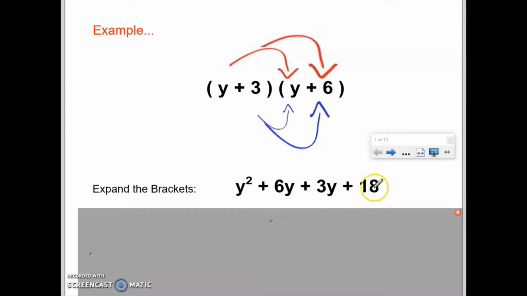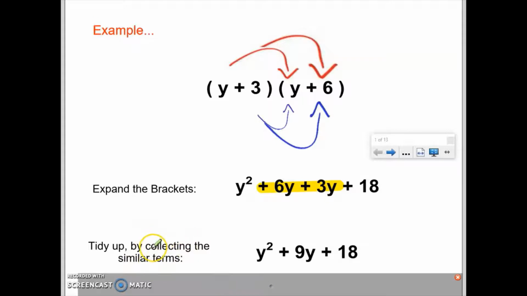I just need to take this a step further though, because we know in algebra we can always collect like terms. And if we look at the 2 middle terms here, we've got a 6y and a 3y. Because those terms are both y's, we can put them together. So 6y add 3y is going to give me 9y's.